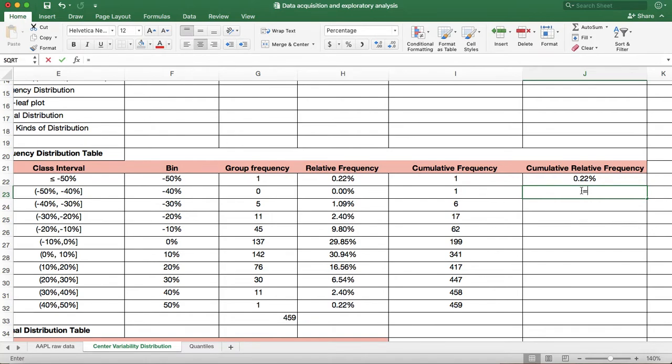And then sum these two, and then make the first cell an absolute reference.